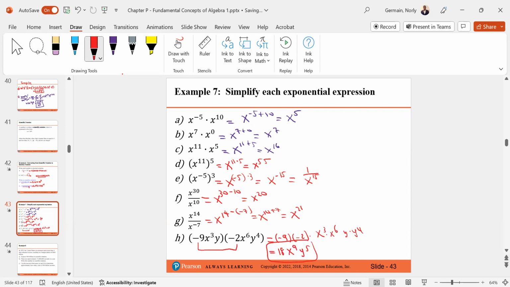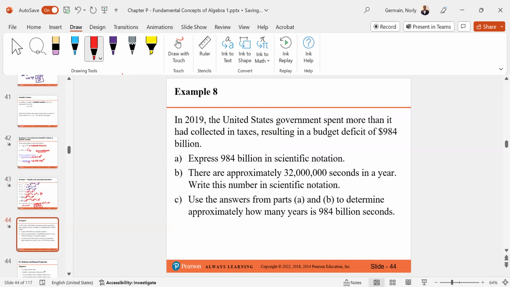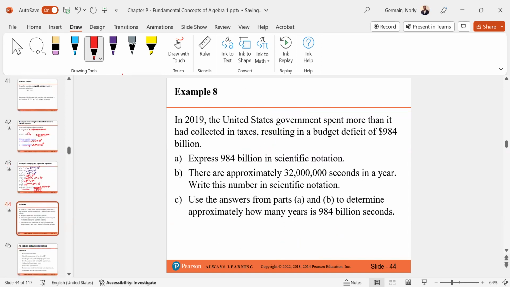Questions? There is one problem that I would like you to try on your own. I don't know if it's something you can do or if you want me to do it with you, because in this problem, it stated the United States government spent more than it had collected in tax, resulting in a budget deficit of $984 billion.